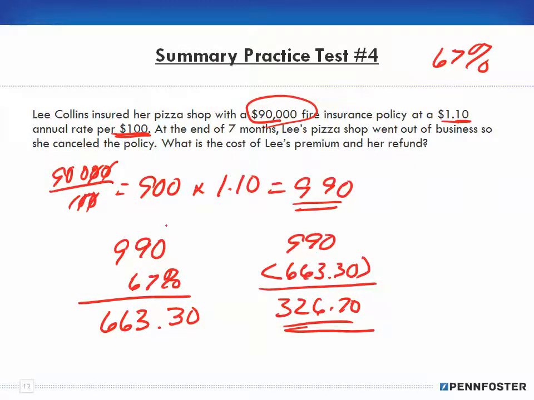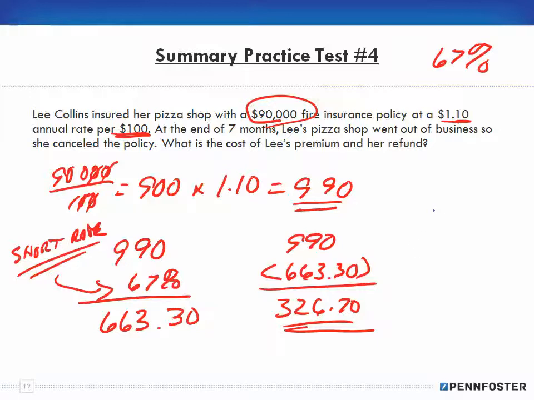Okay. So with the policyholder, we're going to the short rate table, and we're looking up the time period that was used, and we're finding out what that percentage is, and we're applying it against the premium, then subtracting one from the other in order to get the refund.